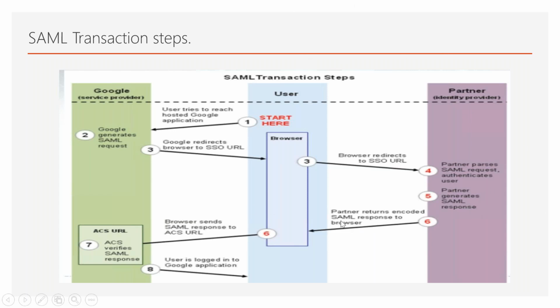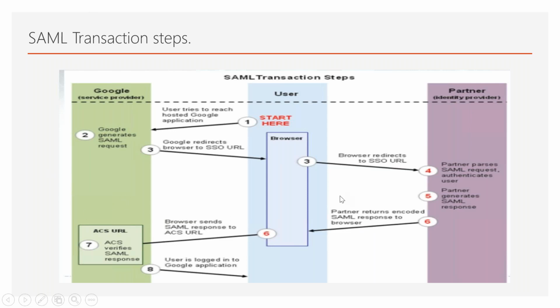Now the next question is, who will consume the assertion? The user or the service provider? The service provider will consume the assertion which is provided by the identity provider.